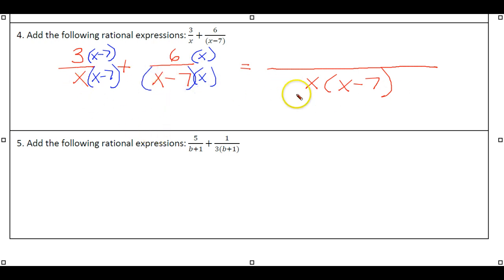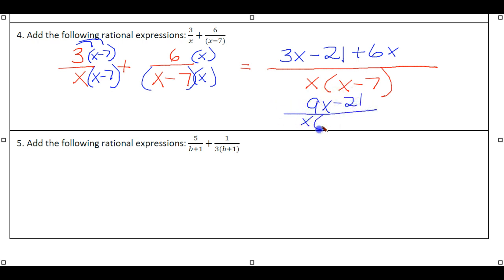So now we have our common denominator. So what will our numerator be? Well, this is going to be 3x minus 21, just distributing there, plus 6x. Now what we can do is combine like terms, so we get 9x minus 21 over x times (x minus 7).